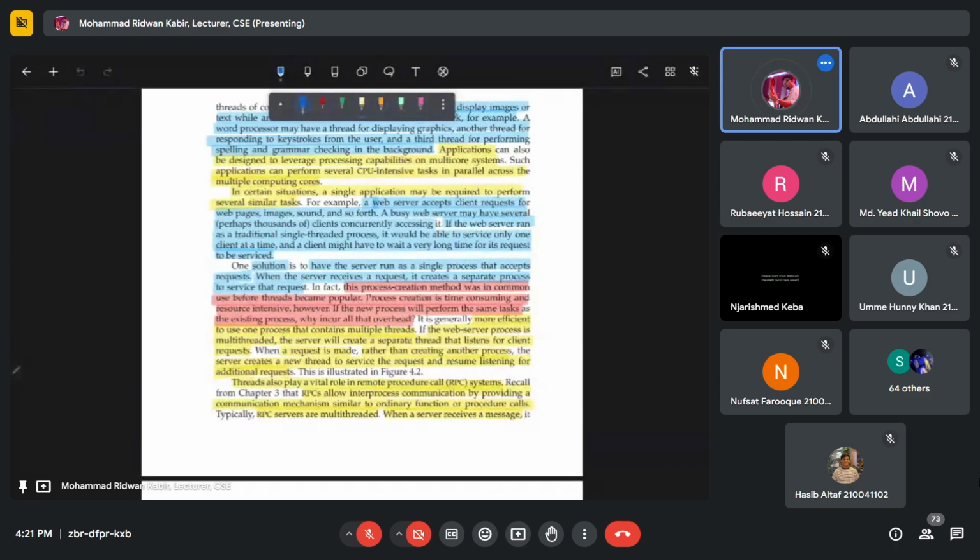Okay, this is because with threads, what you can do is something known as thread pooling. That means you will have active idle threads. By that I mean threads which have already been created, but no particular task has been assigned to them.